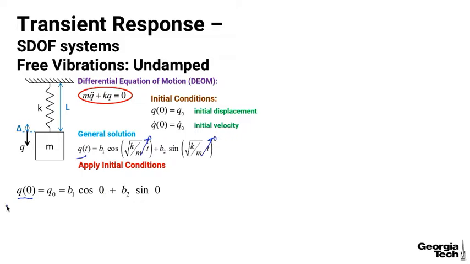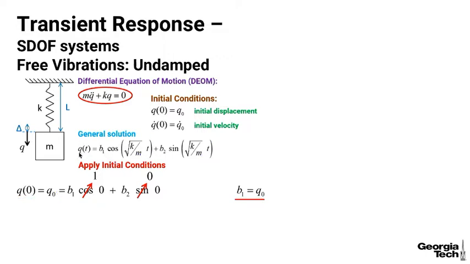And cosine of 0 is equal to 1, and sine of 0 is equal to 0. So we end up with q0 equals B1, so we solve for the unknown constant B1.